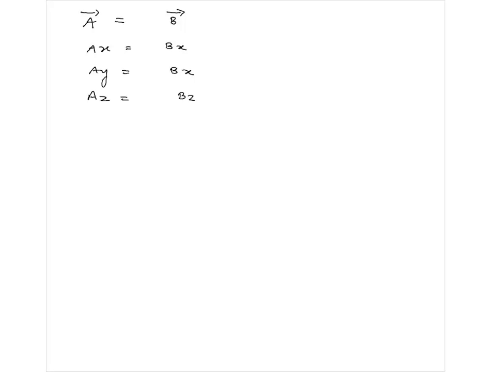Look at that. Vector A equal to vector B is just one equation, but it's a vector equation. It's giving you 3 equations: AX equal to BX, AY equal to BY, AZ equal to BZ. Sometimes it could be a plane problem, like the problem that we are doing.